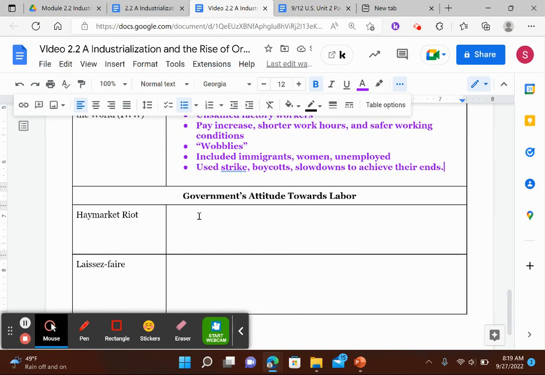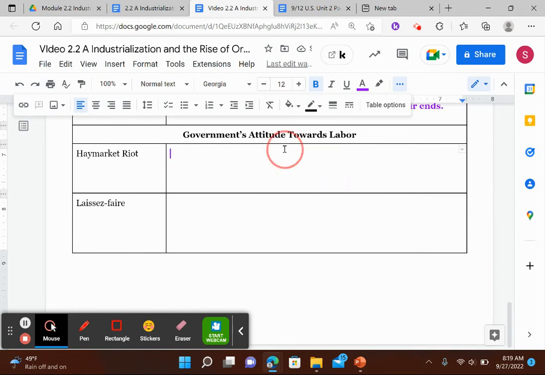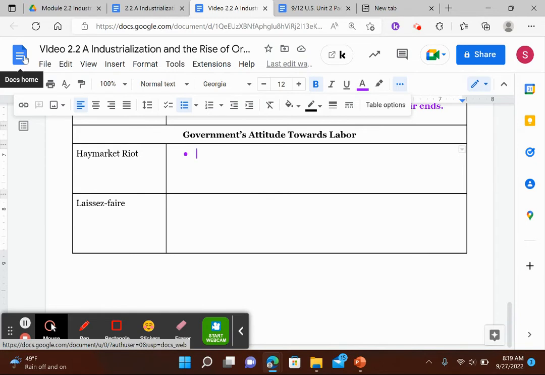So now we're going to move on to the government's attitude towards labor and bring this home. Let me go ahead and make this bold and purple. All right, so let's take a look at government's attitudes towards unions. In 1886, a labor protest near Chicago's Haymarket Square turned into a riot after someone threw a bomb at police. 7 policemen were killed and 67 others were severely wounded.